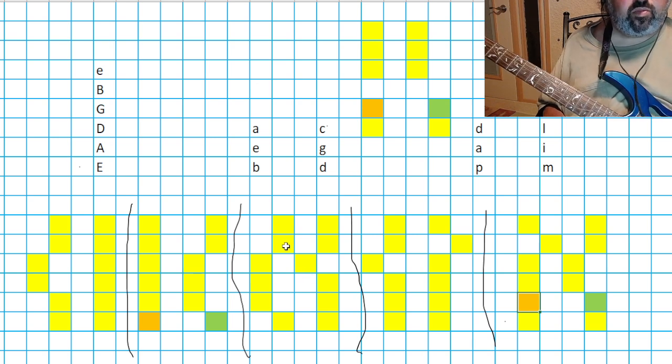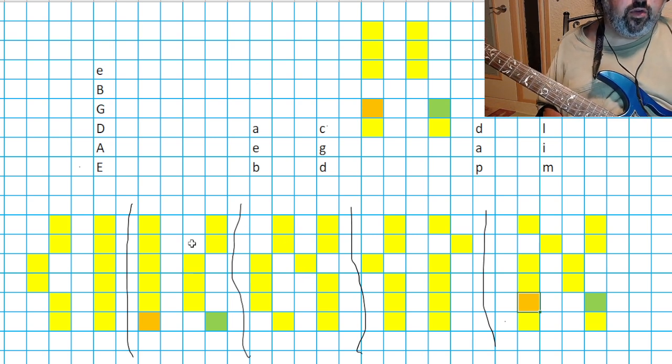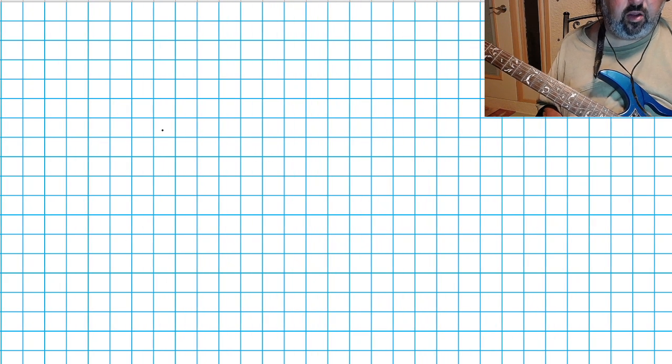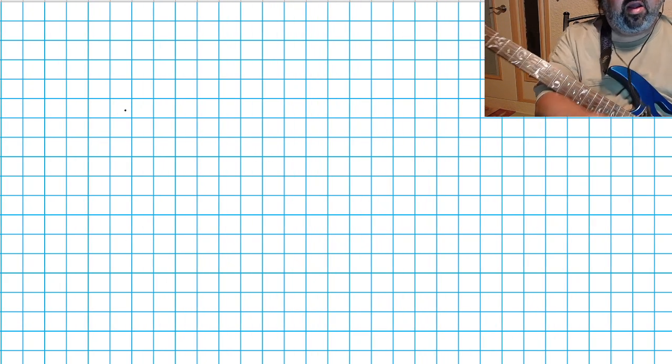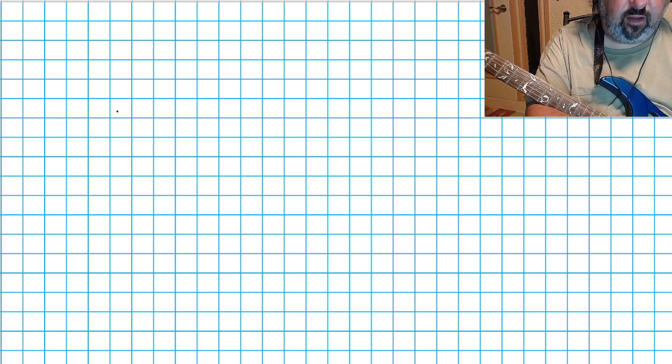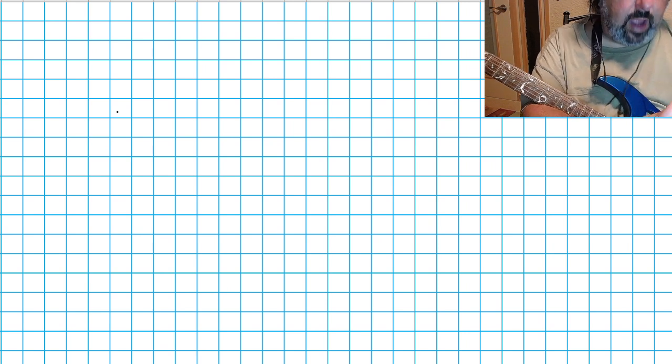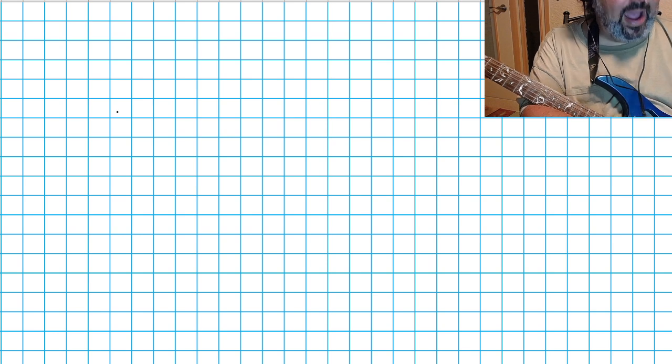So let's plug in the other notes. Okay, let's use this shape right here. I need to do this three different ways because we have 3 happy modes and 3 sad modes, and the corresponding pattern will work for the happy and sad.